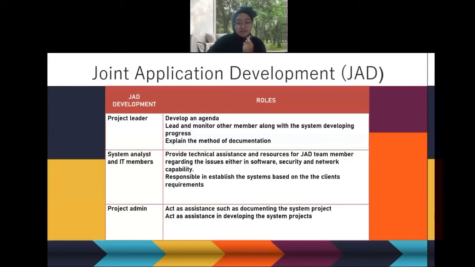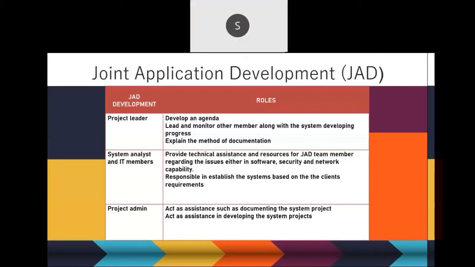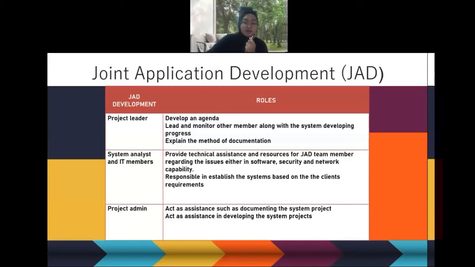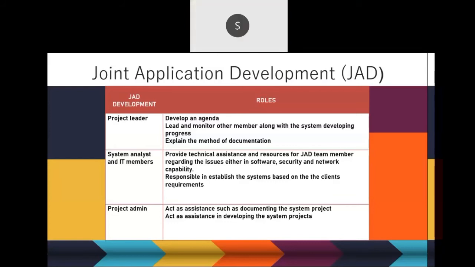And then we have the system analyst or IT members. Their role is to provide technical assistance and resources for other team members, no matter what the issue is, either about software security or network capability. And lastly, they are responsible for establishing the system based on the client requirements.